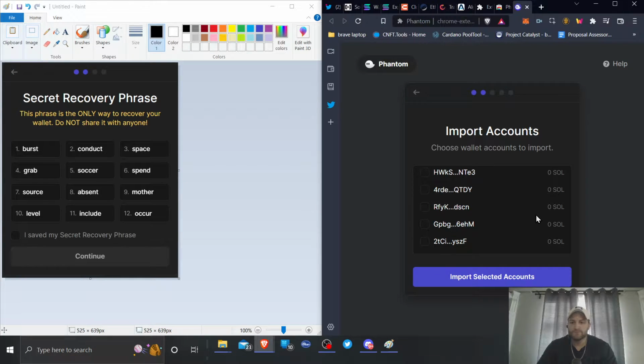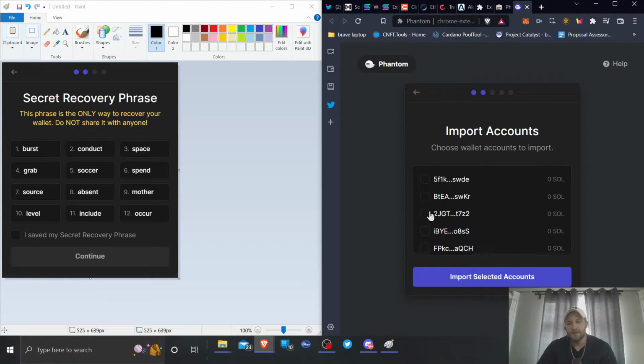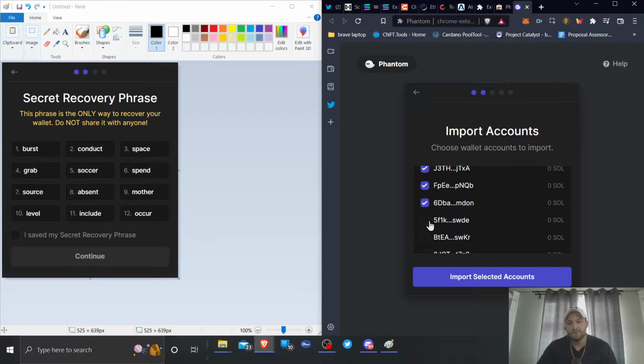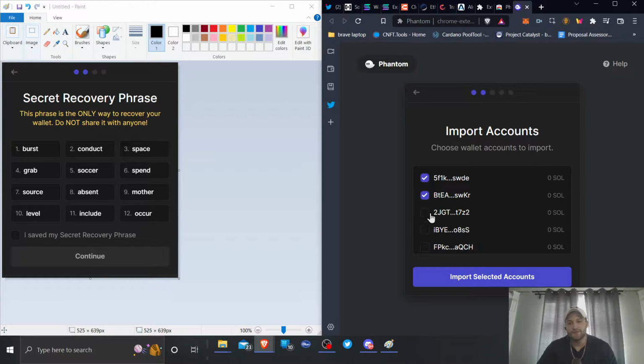So, that's odd, right? I created a wallet with this recovery phrase. For some reason, though, I use this recovery phrase right here that it gave me, and it created one wallet. I don't remember asking to create all these other ones.